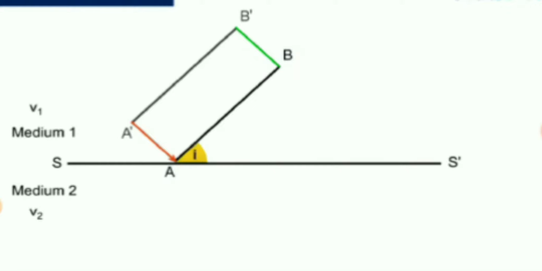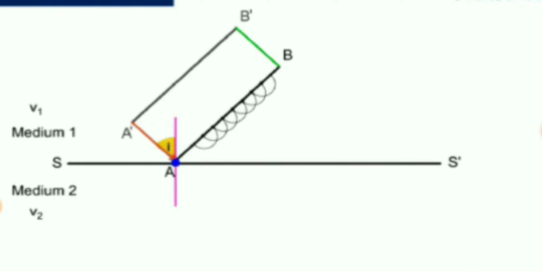If i is the angle between the wave front AB in medium 1 and the interface SS', then the angle of incidence is also equal to i. Assume that at t equals 0, only point A of the wavefront AB is in contact with the interface SS'. The shape and location of the wavefront at any subsequent instant of time can be found by constructing secondary wavelets.